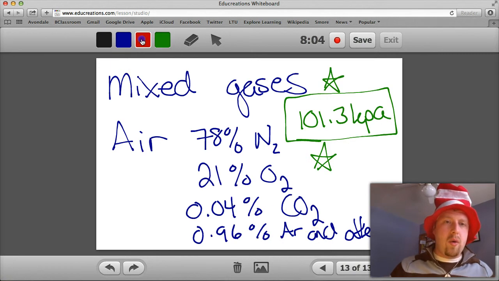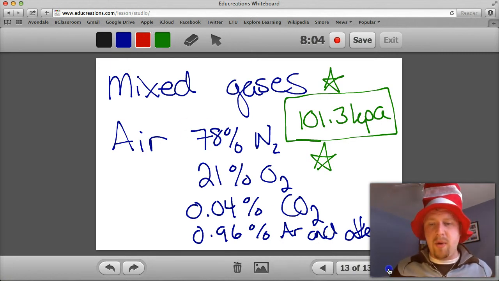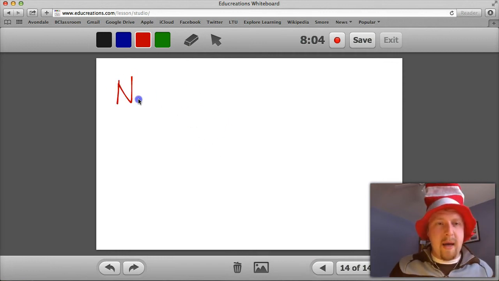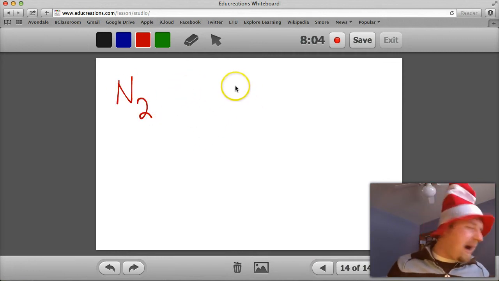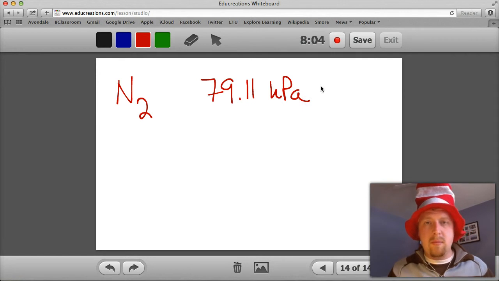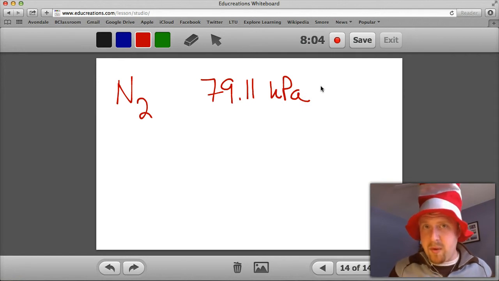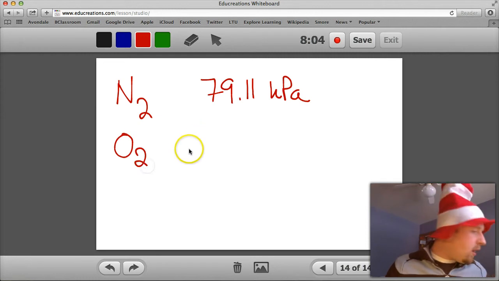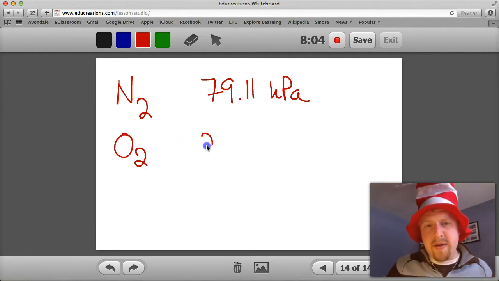So there's this table in your book. It's a great table, and it shows that nitrogen, N2 gas, contributes about 79.11 kPa. That's what nitrogen's pressure would be. And oxygen's pressure is 21.22 kPa.